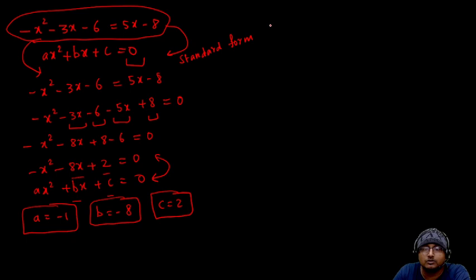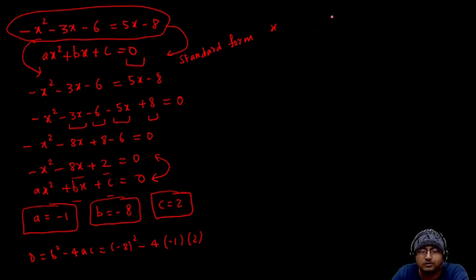First of all we have to find the discriminant. D is equals to b square minus 4ac. That is minus 8 whole square minus 4 into a, which is minus 1, into c, which is 2. Minus 8 whole square is 64, minus 4 into 2 is 8, 8 into minus 1.